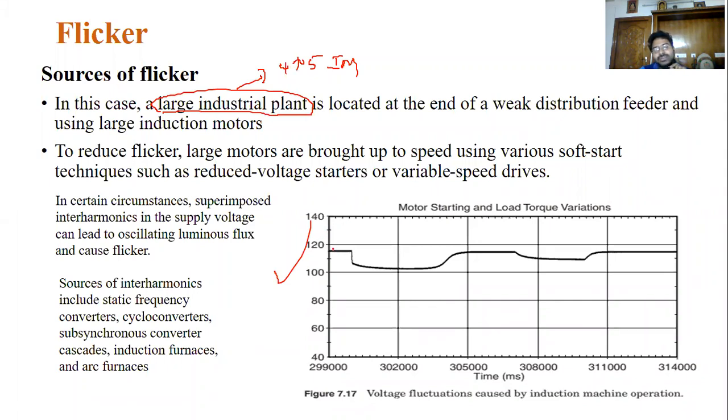Now see this: this is under normal working conditions. Whenever we start an induction motor, what will happen here? A dip will happen. After some time we switch on another motor, and another dip occurs. This is the case when you switch the induction motors on and off repeatedly. So how to reduce this flicker?